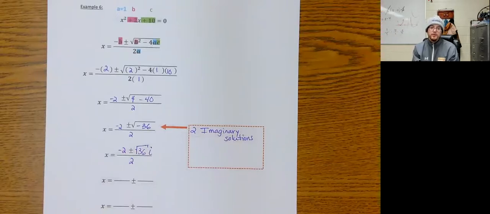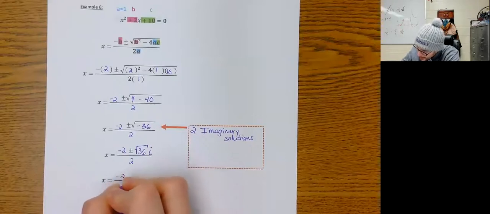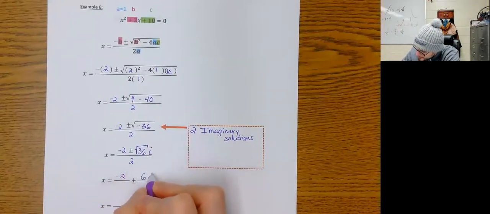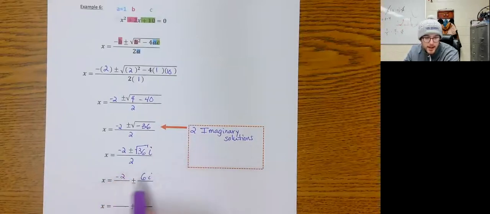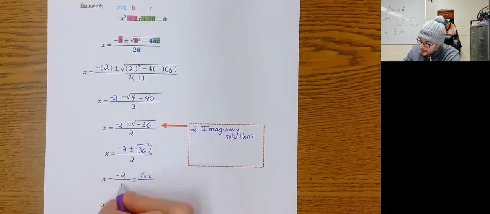The square root of -1 is i. So if you have the square root of a negative number, you take the negative, you factor out the negative, you take the square root of -1, and it becomes an i. Not in front, you put it at the end. All right, so what is the square root of 36? The square root of 36 is 6. All right, and I've separated this out into two different parts, so I get over 2 over 2.